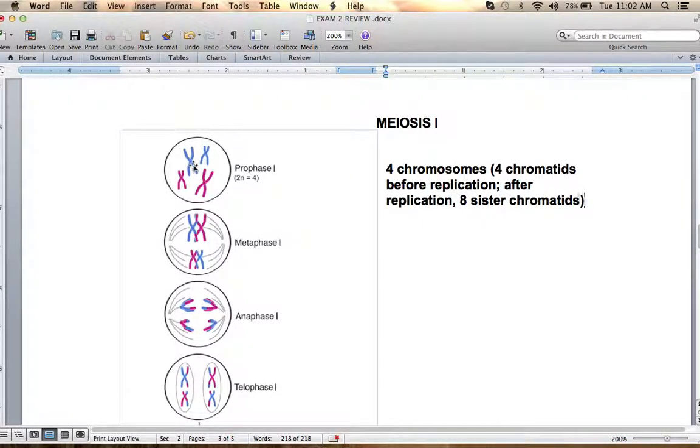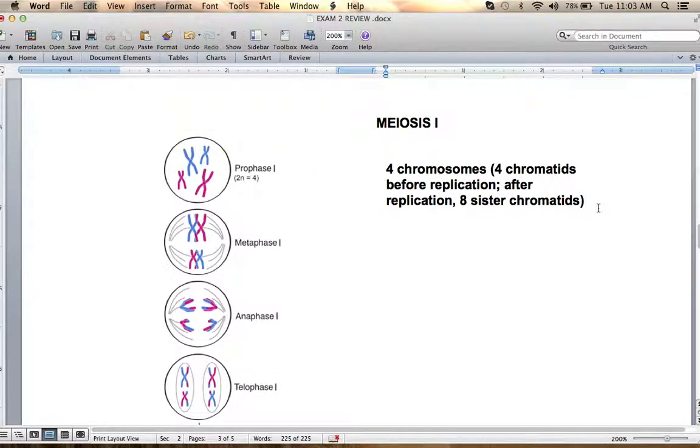So 4 chromosomes, 2 that came from your dad, 2 that came from your mom, 4 total. So the 2n number is 4. After they've replicated, which happens before prophase 1 ever occurs, you've got a total of 8 sister chromatids.